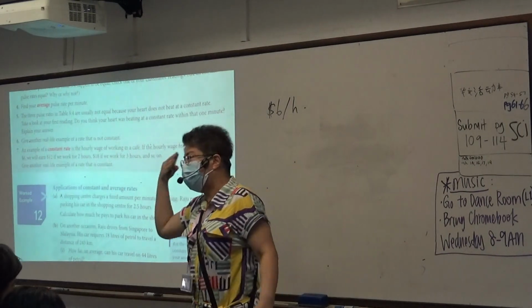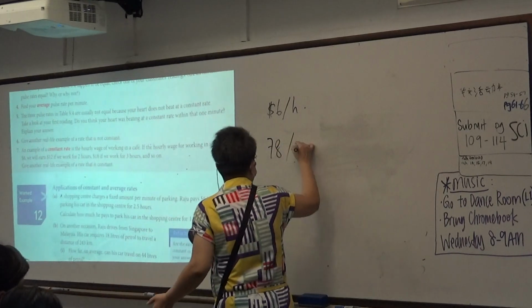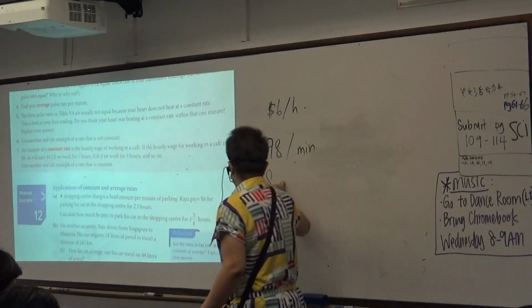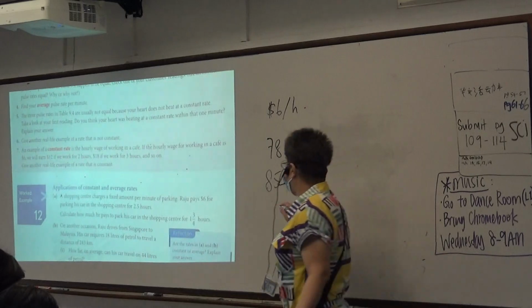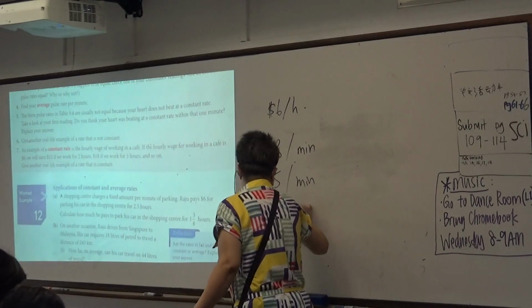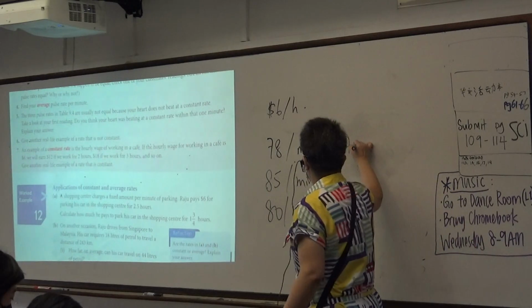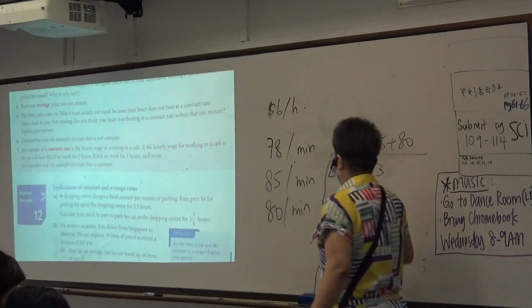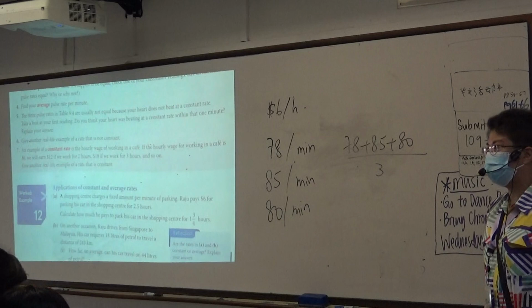But for the particular pulse rate that we take, for example, this person, first pulse, 78 beats per minute. Second pulse, maybe 85 beats per minute. Third pulse rate, maybe let's say 80 beats per minute. So what should I do? I must take 78 plus 85 plus 80 and then I divide by 3, right? Okay, can you add up for me and divide by 3? See how much is that?